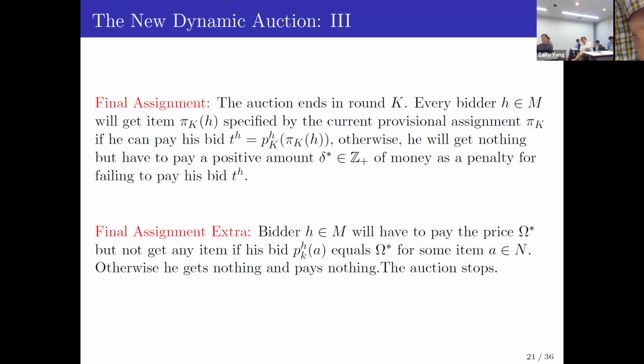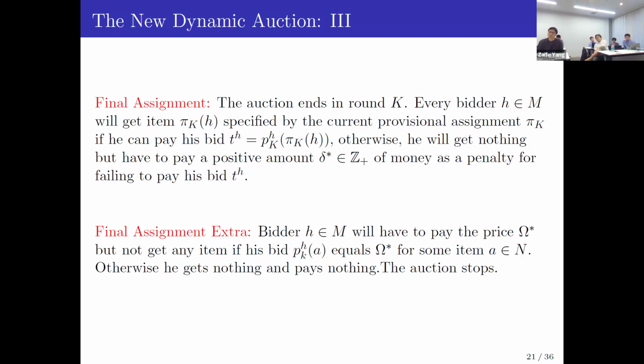Otherwise, he will not get the item, but pay a penalty if he cannot pay his bid. That means his bid exceeds his budget, then he will be punished to pay this debt.